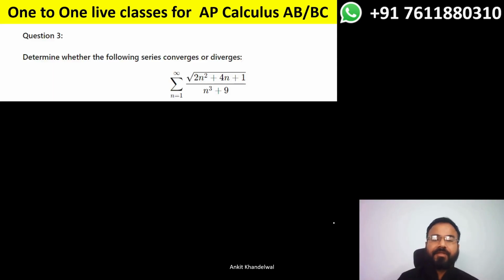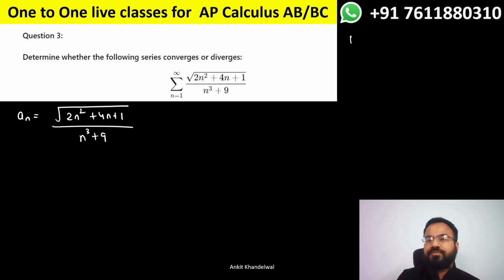Let's look at the next example. So this is the An given to us. The An is square root of 2n square plus 4n plus 1 divided by n cube plus 9. Let us assume the Bn. Let's take the first term from here, square root of 2n square, and from here the first term n cube.